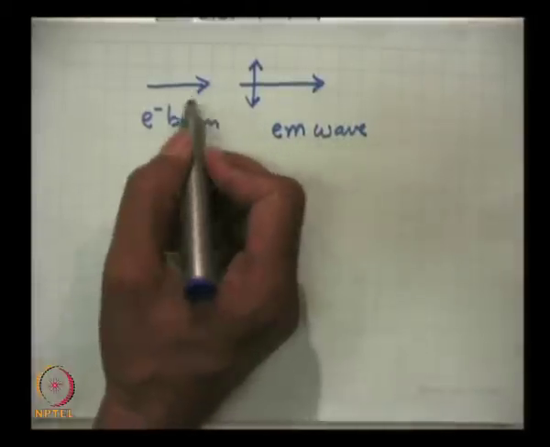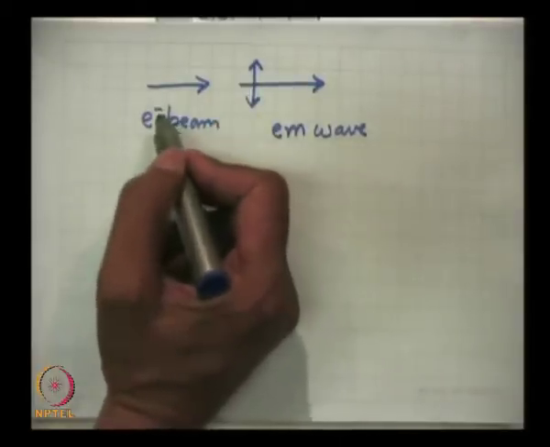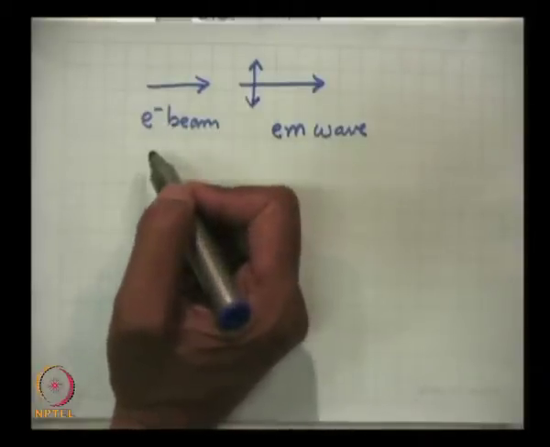So, first of all, there is no longitudinal component of the electric field of this wave, and hence there is no direct retardation of this electron beam, and hence this scheme is not working.